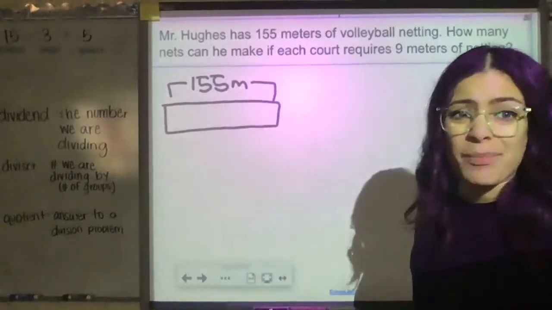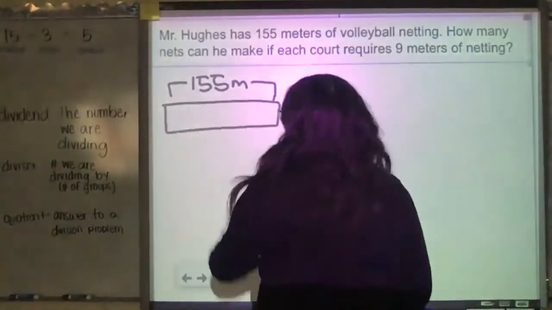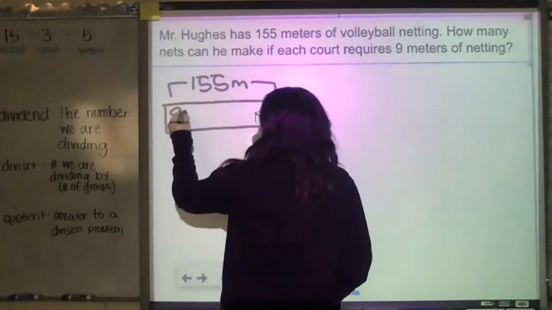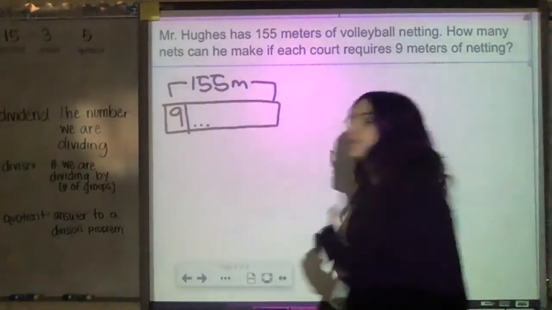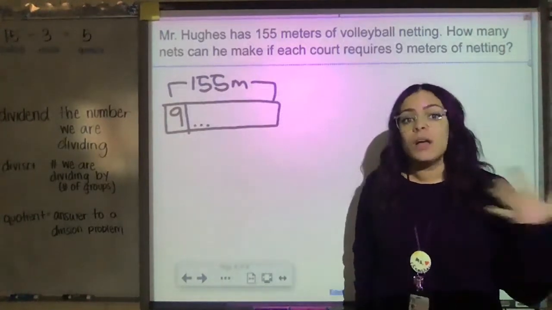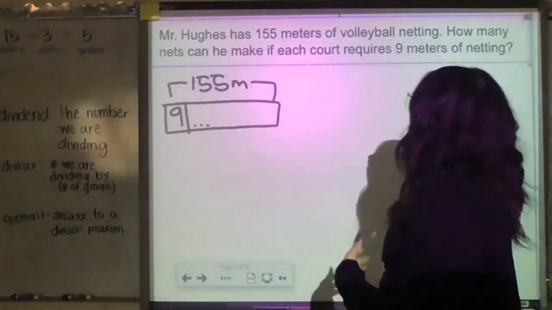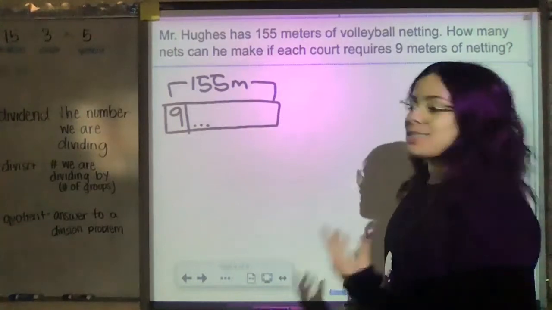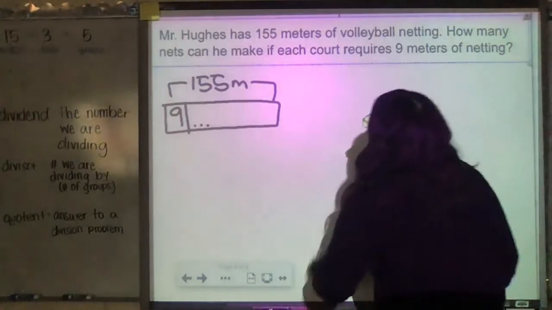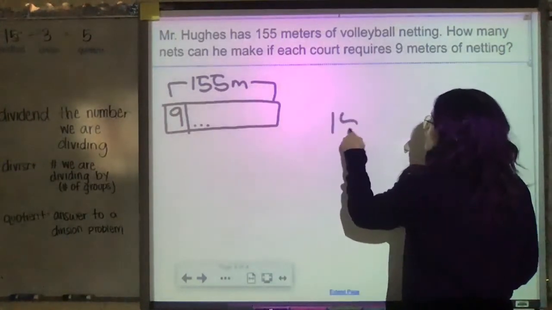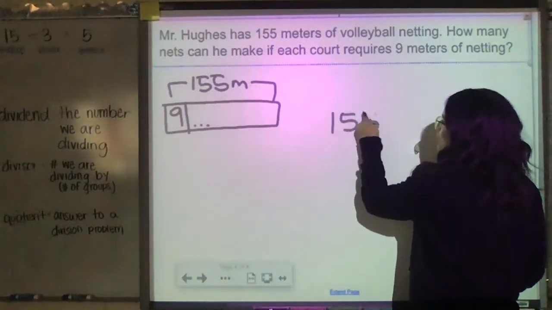I just have no idea how many courts he's going to end up with. I don't know what kind of volleyball superstore he's working at. So I know that each one is going to have 9 meters in it. I just have no idea how many courts there's going to be. So at this point, it's safe for me to say I am well aware of the size of the group. What I don't know is the number of groups. That's where my division is going to come into play to help me figure out the answer.